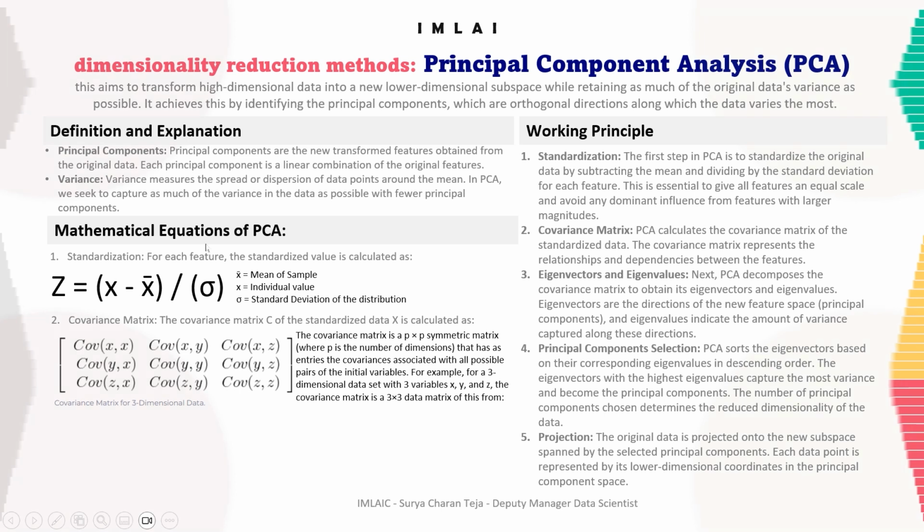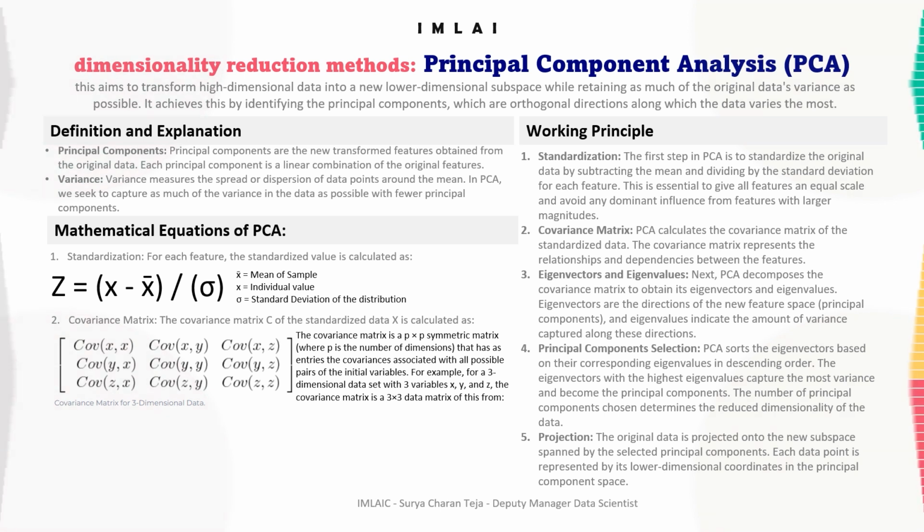So if you have three variables, it's going to calculate the covariance between each. The covariance matrix is a P by P symmetric matrix, where P is the number of dimensions, that has as entries the covariances associated with all possible pairs of the initial variables.